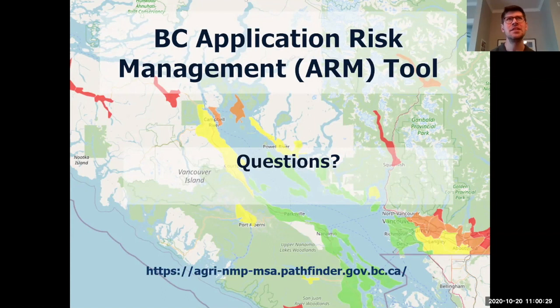And in a way, the ARM tool is really about making that in-the-moment decision of is it the right time to spread, whereas a lot of other nutrient management decision making tools are on the broader planning side. Our ministry has other decision making tools along the lines of, okay, how much should I spread, or if I know I need to provide this much across the entire year, when should I split that up?